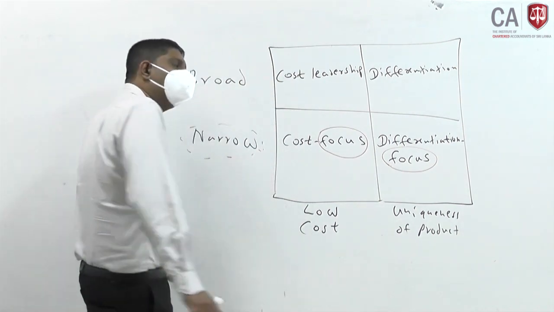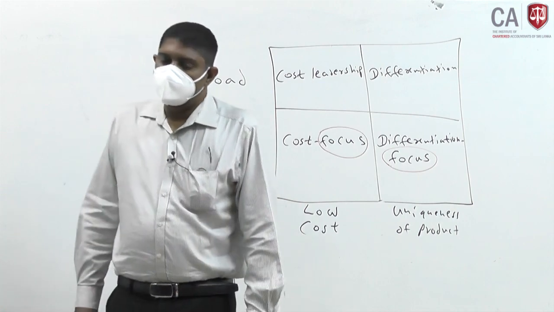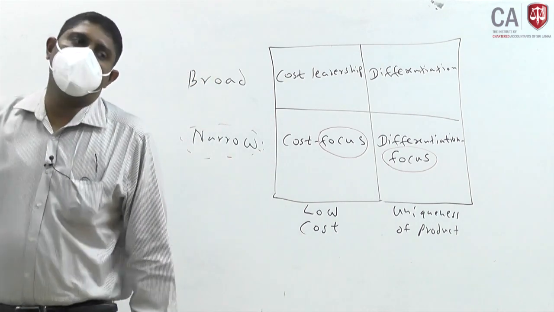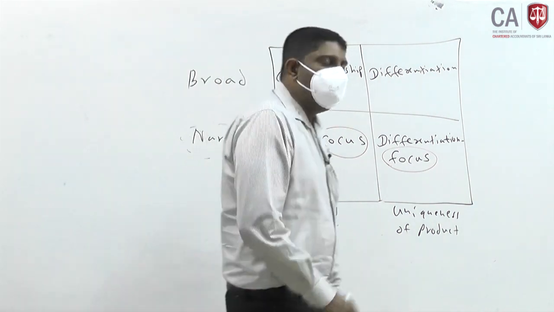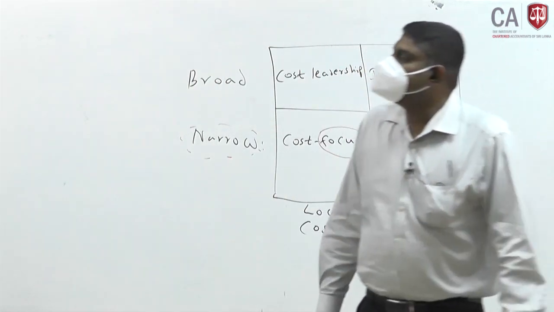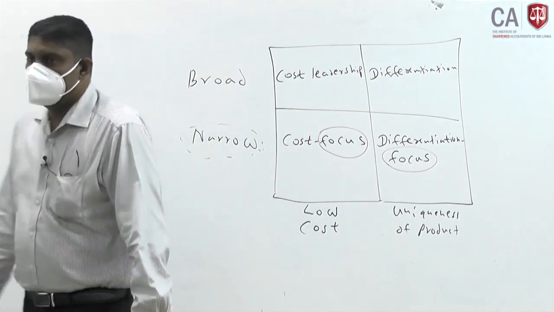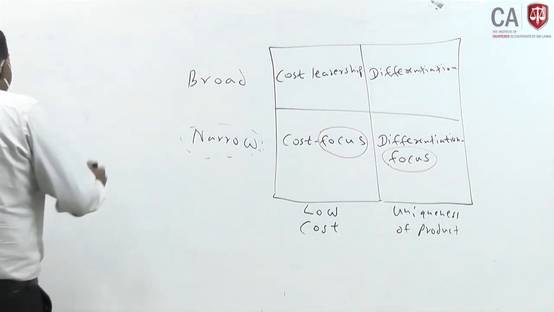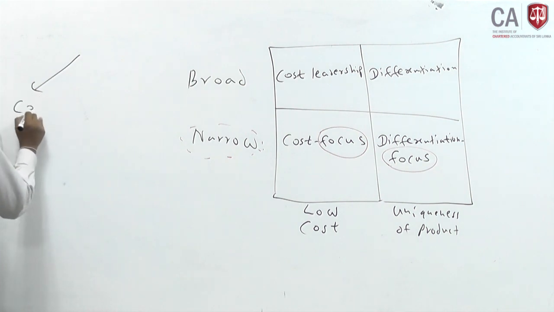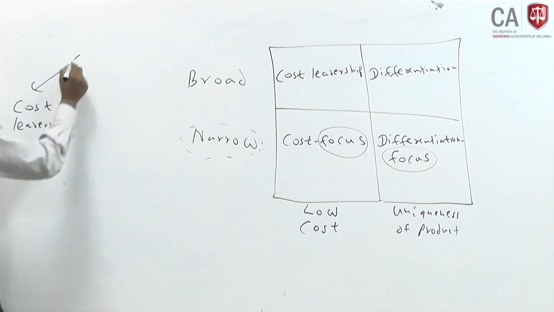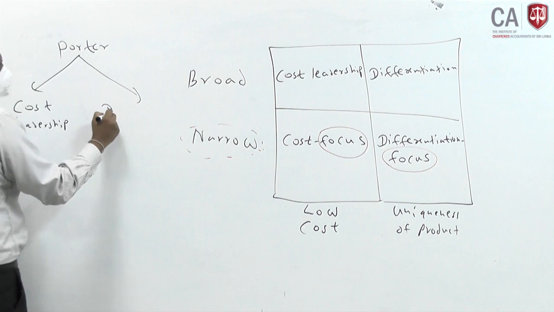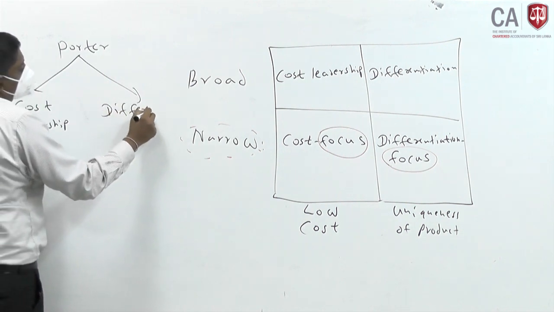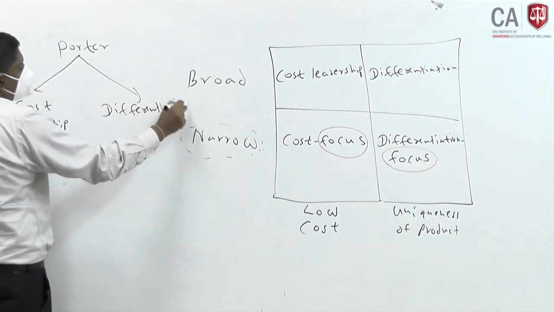According to Michael Porter, it is not practical to implement two strategies parallelly. So, what are the two main strategies Porter has identified? Cost leadership and differentiation. Porter says it's not practical to combine these two strategies and apply.